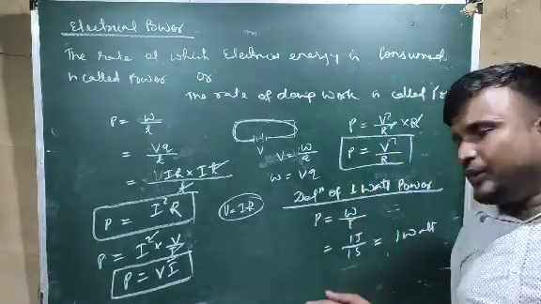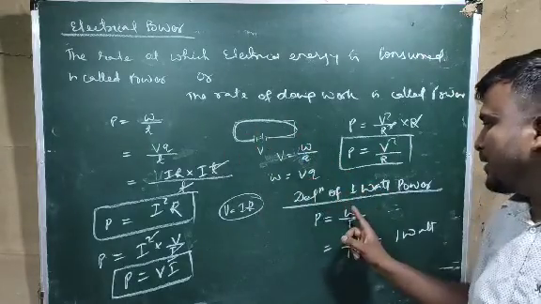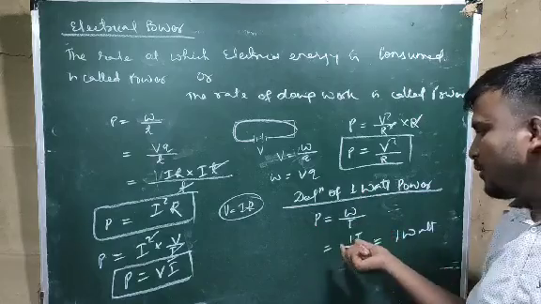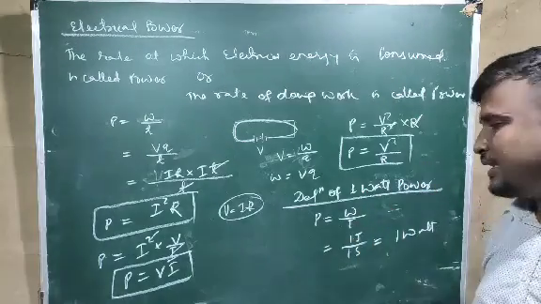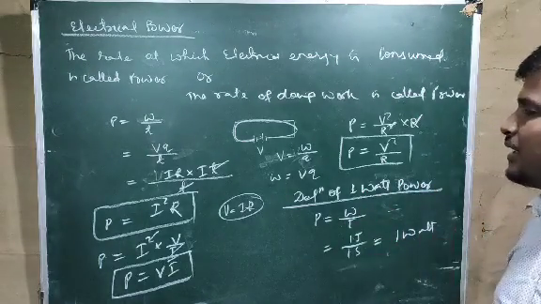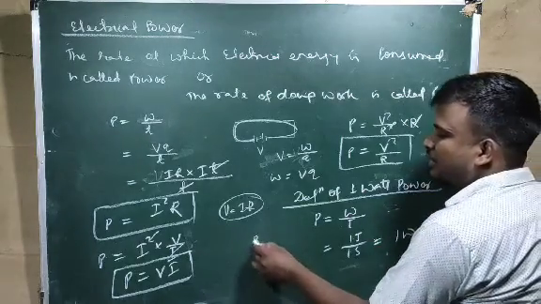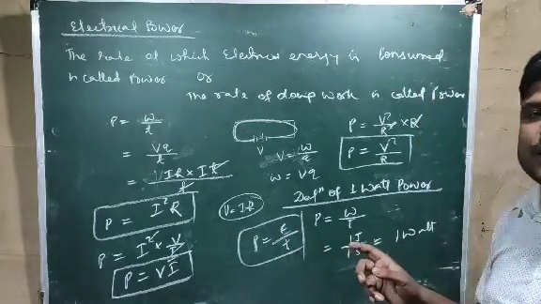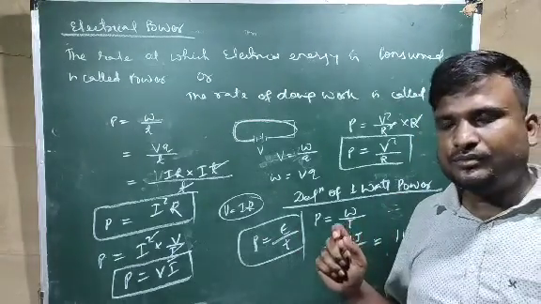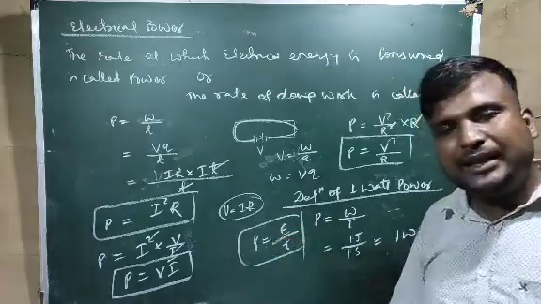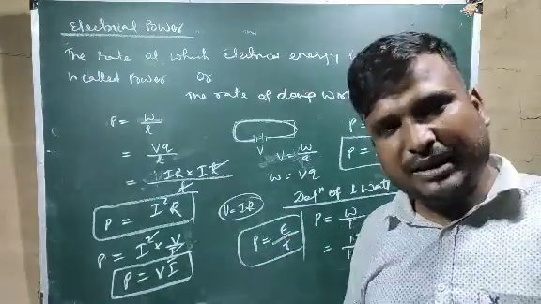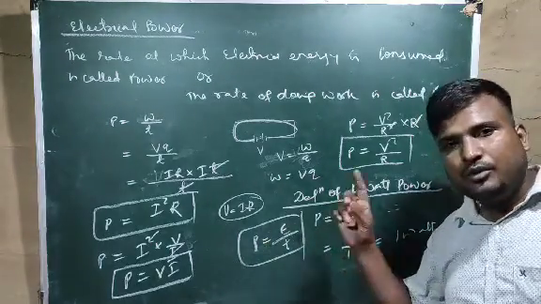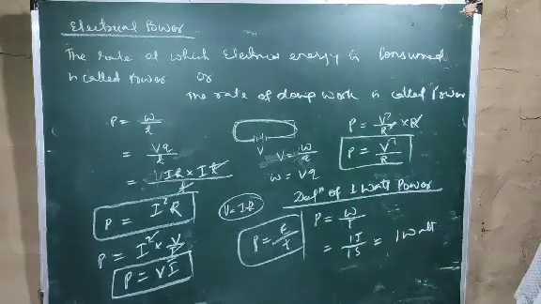Through a circuit, if 1 joule of work is done in 1 second, remember the definition, then the power is called 1 watt. In terms of energy also we can say P equals E by T. If 1 joule of electrical energy is consumed in 1 second, then the power of that electrical appliance is 1 watt.